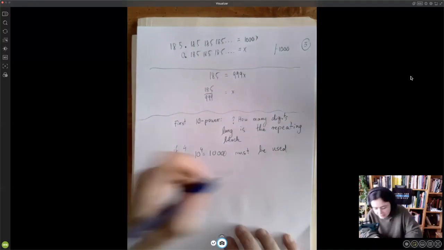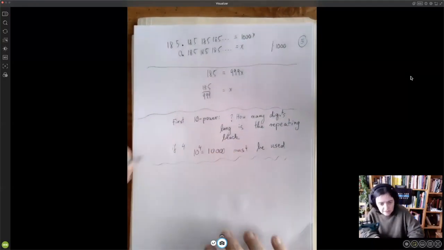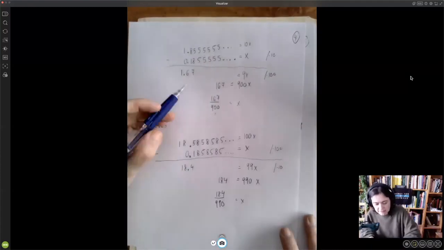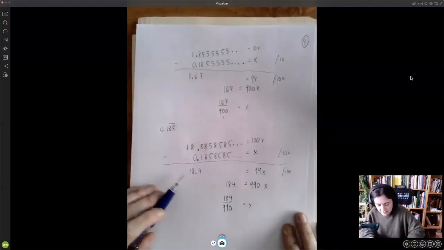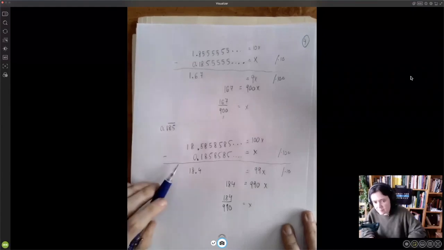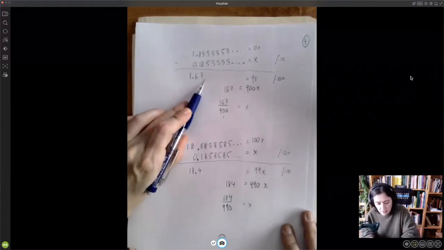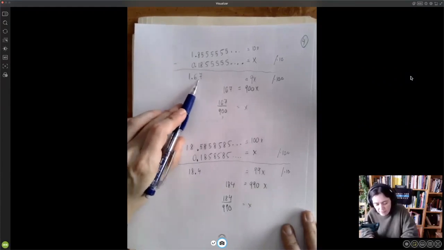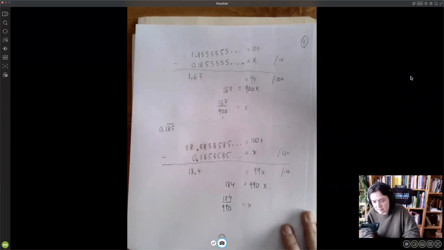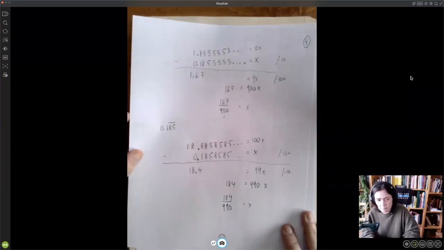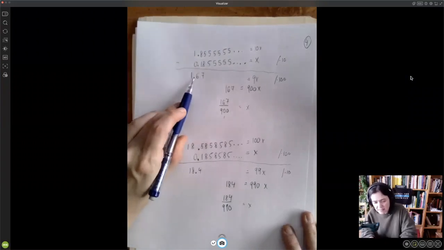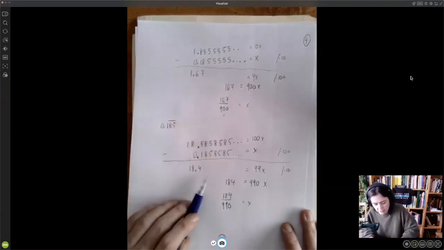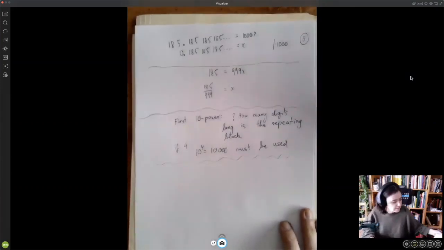Now the second 10 power, which you may or may not need, is to fix the terminating decimal that we get. After we eliminated the infinite tail, we might be left with terminating decimals. Then you just ask, what 10 power do I need to multiply to fix that terminating decimal to become an integer? That's basically how many decimal places do I need to move the decimal point to the right? 2 here, 1 there. That's how many zeros we need to put.